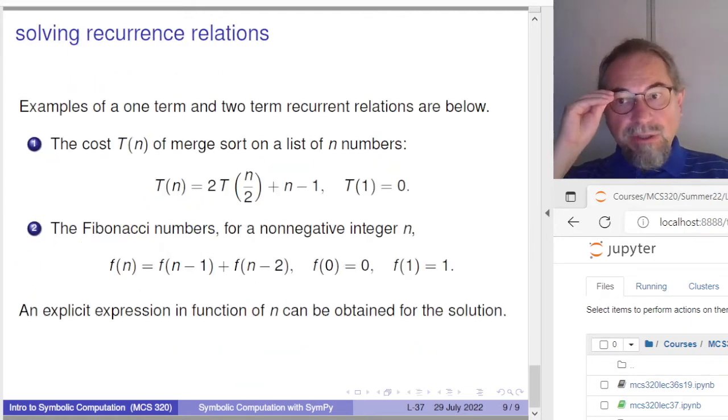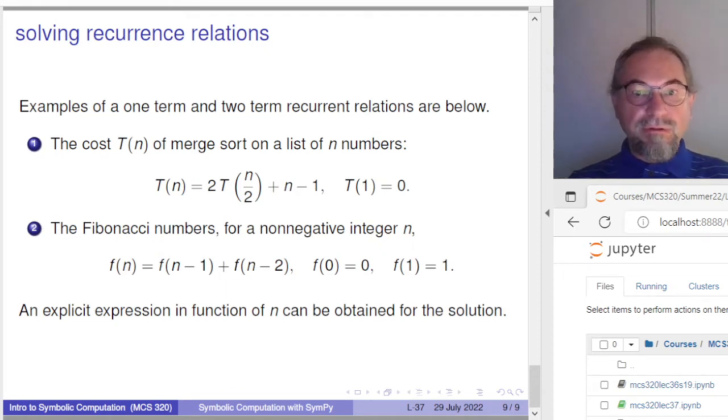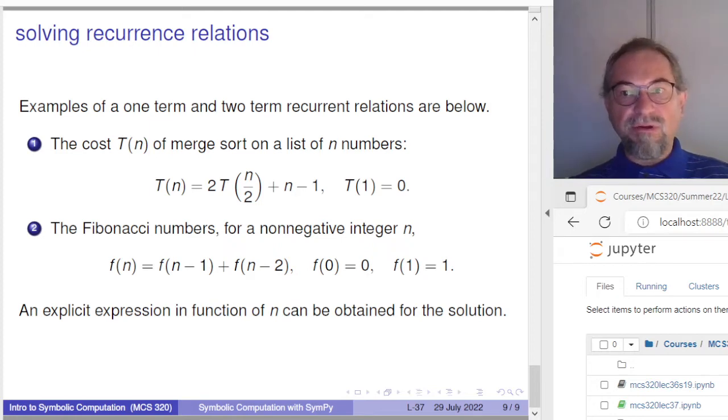With SymPy, we can also solve recurrence relations. Recurrence relations are very useful in the analysis of algorithms. In some sense, this goes into the discrete math part. When you examine a sorting method, for example, merge sort has the cost that is expressed here with a one-term recurrence relation.